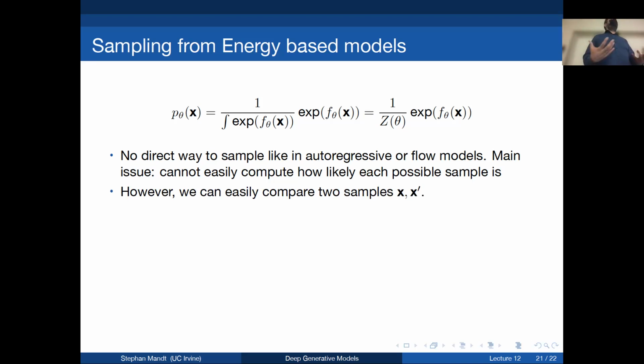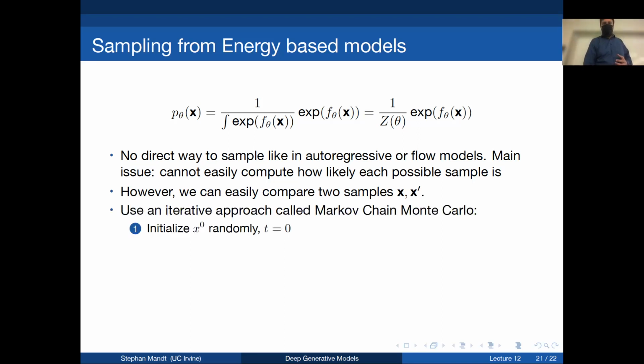This will be an ingredient in the sampling algorithm that I derive. Now, how does this MCMC approach work? We initialize a sample x0 in data space randomly, or at the origin, or arbitrarily, whatever you like. And we also have an associated time index that characterizes for how many iterations the following procedure will run.